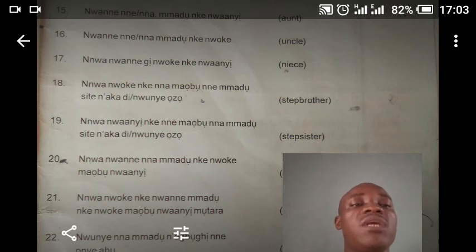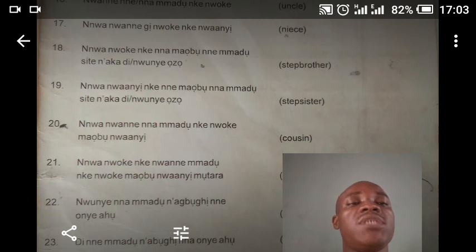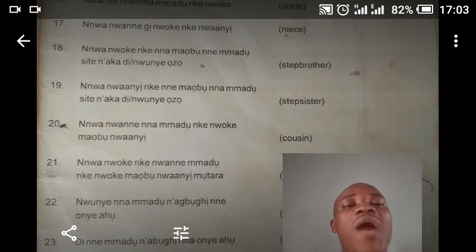That is step brother. You know what step brother means. The next one is nwa nwanyị nke nne ma ọ bụ nna mmadụ site n'aka di nwunye ọzọ. These are the step sister.